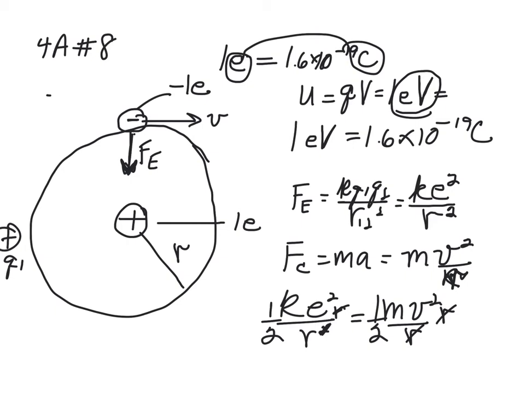Don't forget, you know how. The potential energy is simply k q1 q2, two point charges, right, over r. And so in this case, what is that? It's k e squared over r, the radius of the atom.